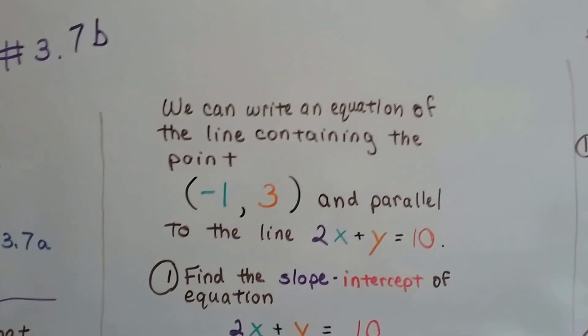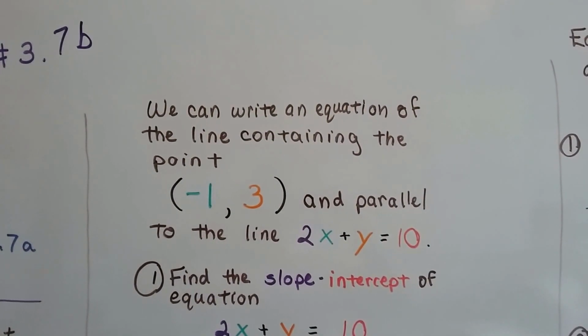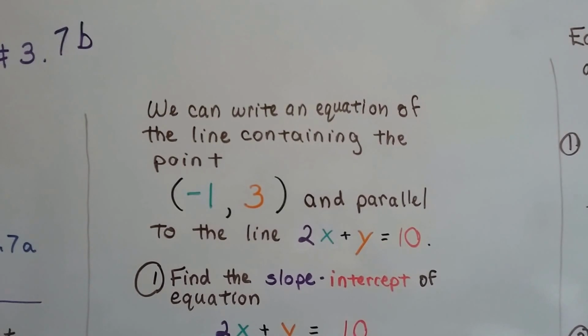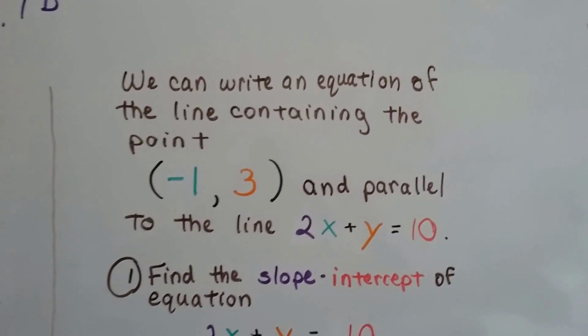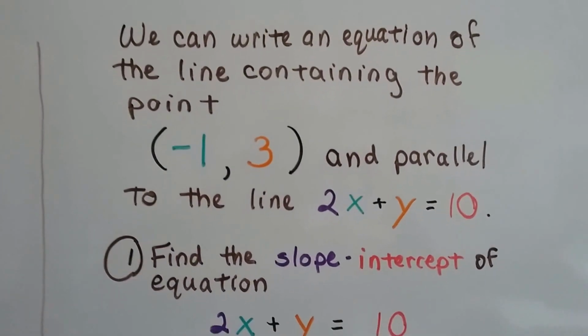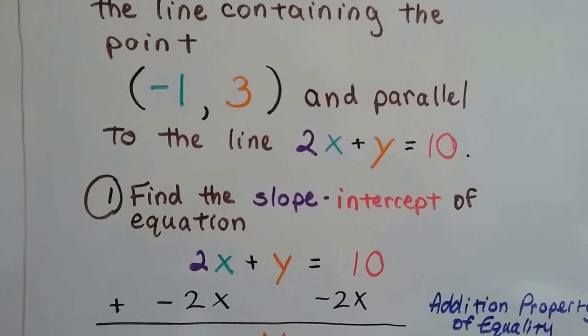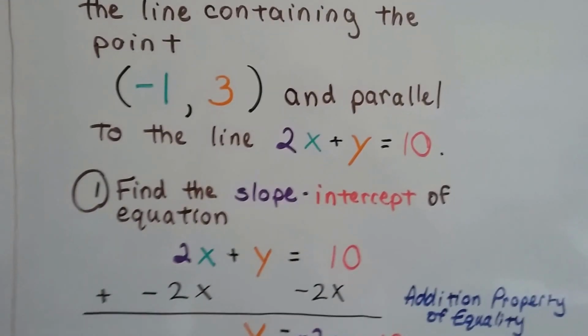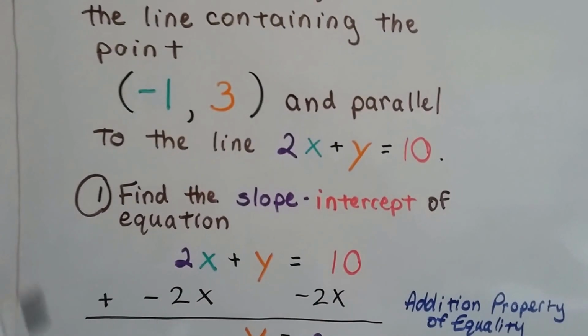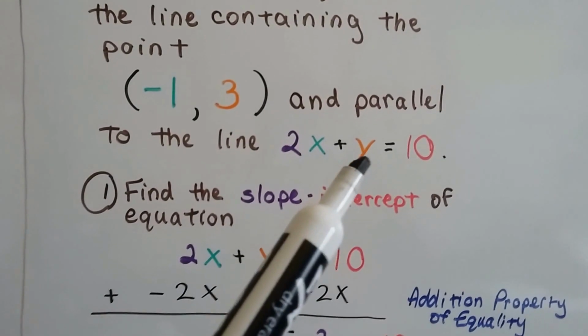So we can write the equation of the line containing the point -1 for x and 3 for y, and parallel to the line 2x plus y equals 10. First thing we're going to do is find the slope-intercept of the equation. So this equation has this 2 right here, and we need to get it so the y is isolated.